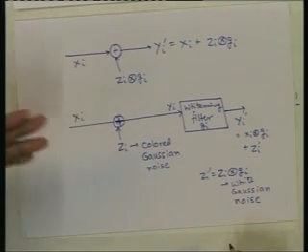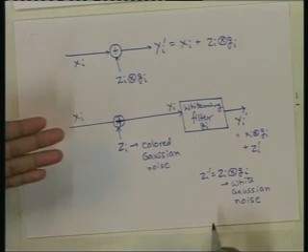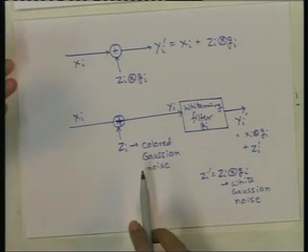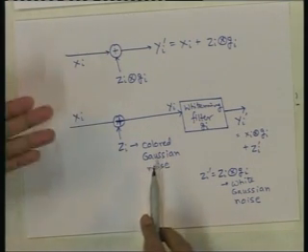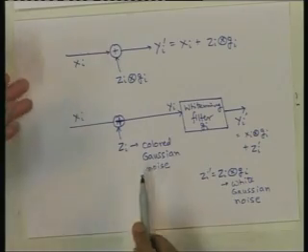So, we can convert an additive colored Gaussian noise channel into a linear filter channel also by putting a whitening filter at the receiver. So, these two channels, linear filter channel and additive colored Gaussian noise channel, they are actually equivalent.